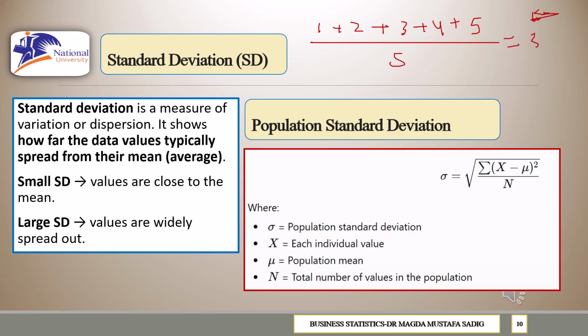So how far is each value spread from 3? 1 from 3, 2 from 3, 3 from 3, 4 from 3, and 5 from 3. In simple terms, standard deviation helps us understand the typical amount of dispersion around the average.